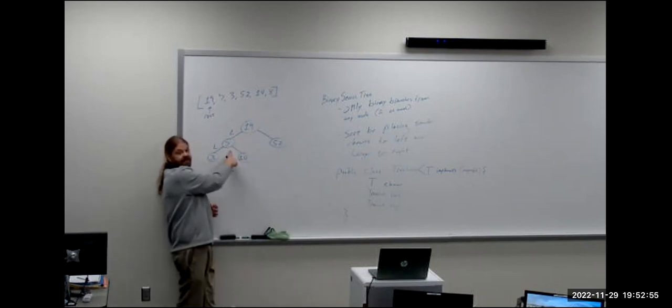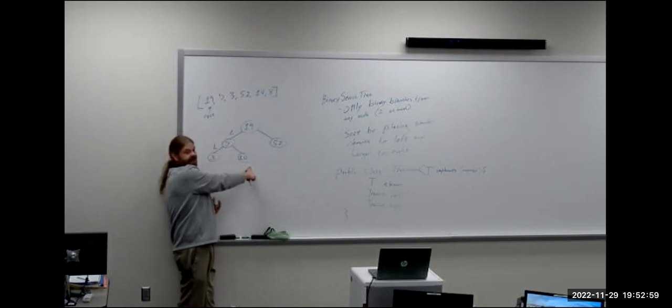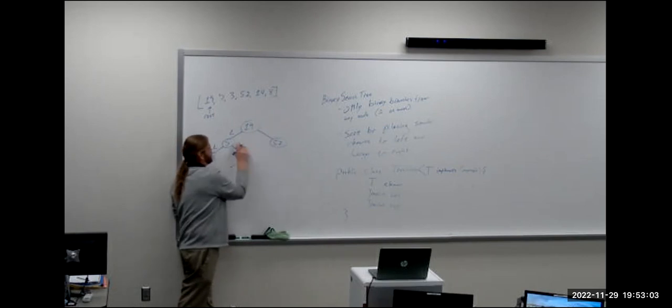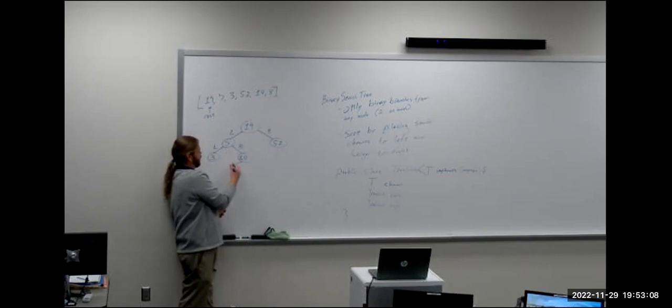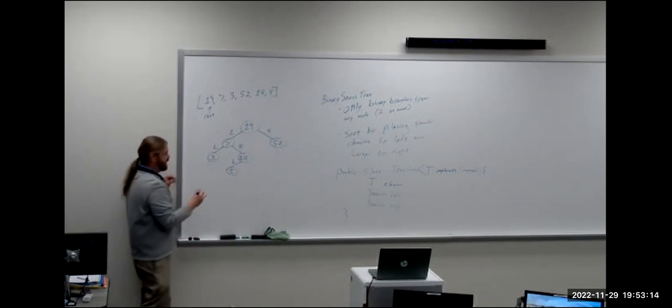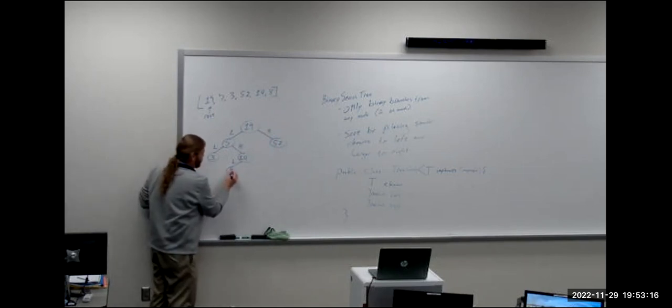We have a 7. 8's bigger, so we need to go to the right. 14, 8 smaller, so we need to go to the left. Oops, that's an R. It's smaller, so we need to go to the left, and then we get down, put our 8 in there. So we end up with a structure that looks like that out of those data points.